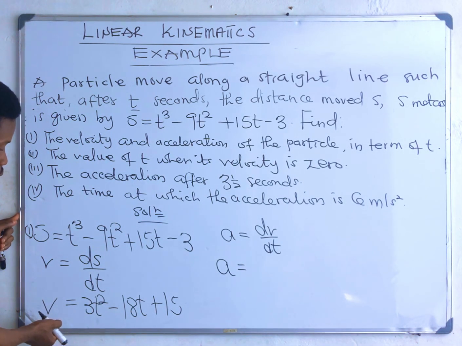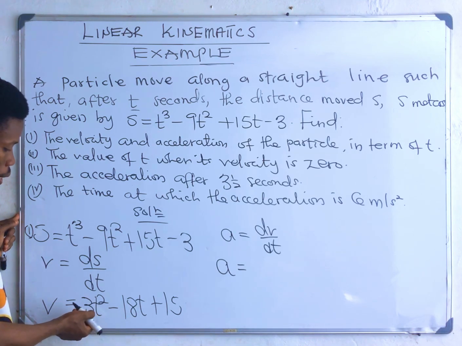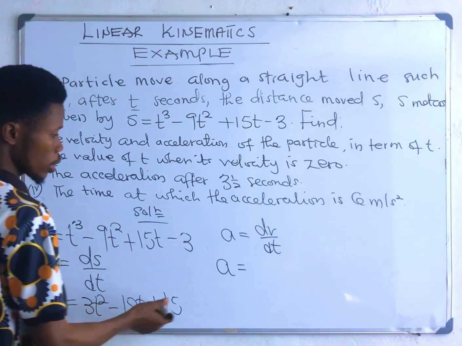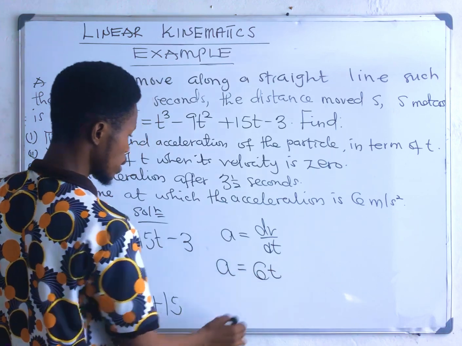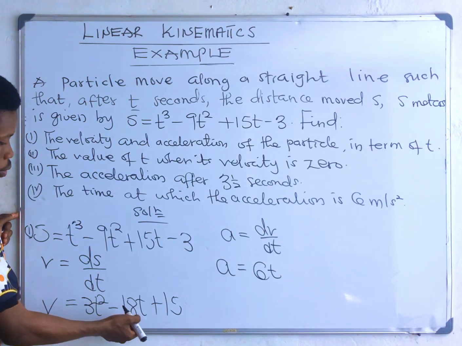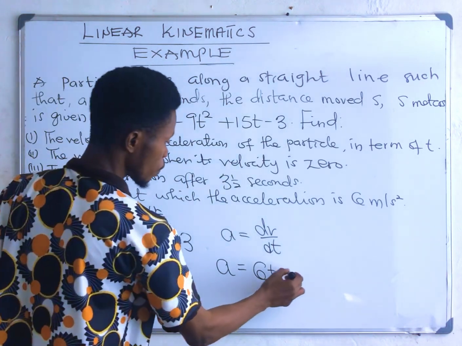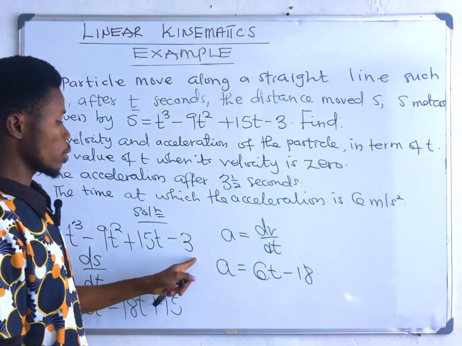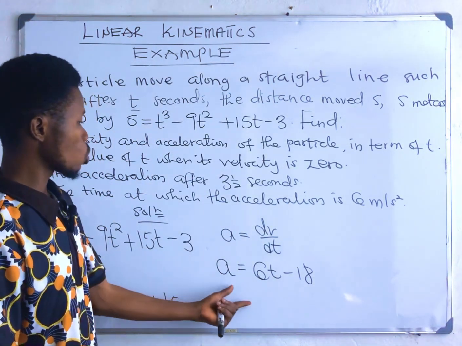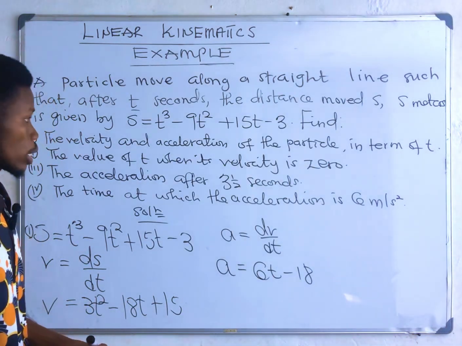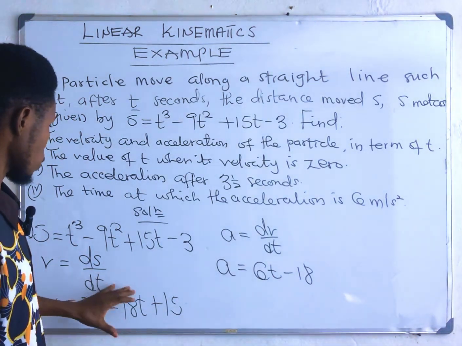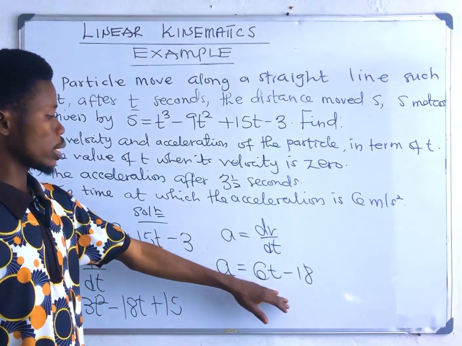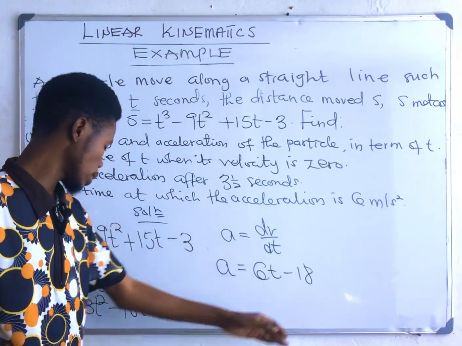So dv/dt, if I differentiate 3t squared, it gives you 6t. If you differentiate negative 18t, it gives you negative 18. We know that if you differentiate a constant, you get 0. So the acceleration is a equals 6t minus 18.